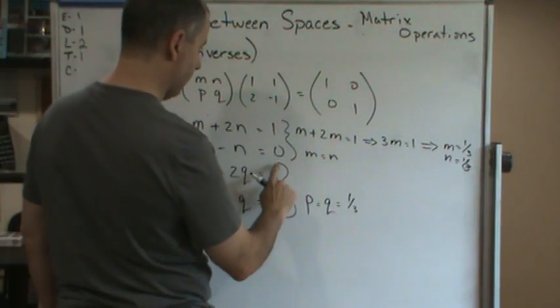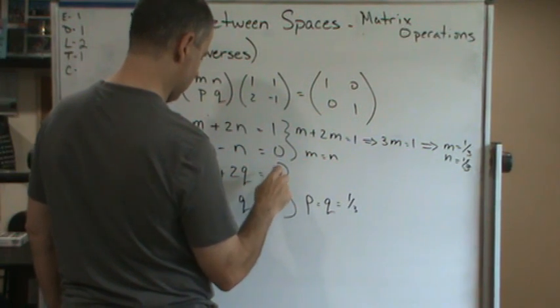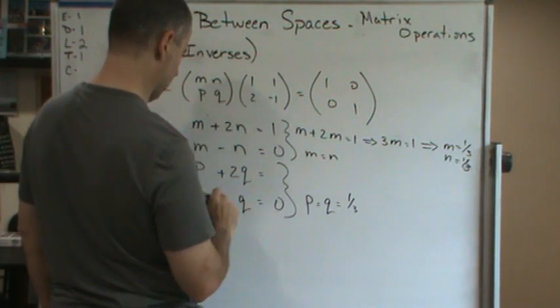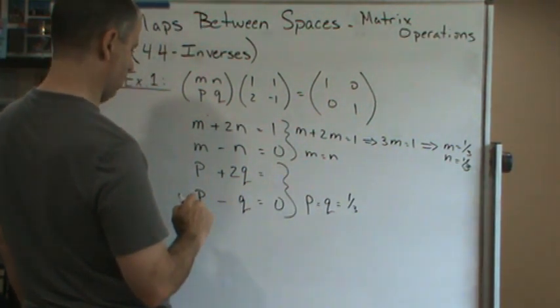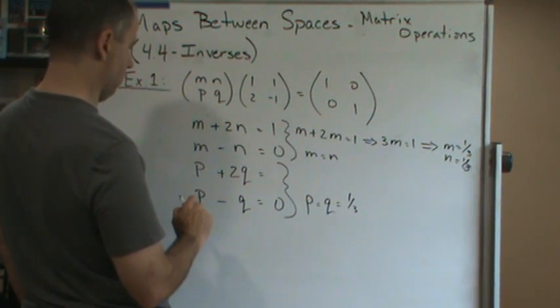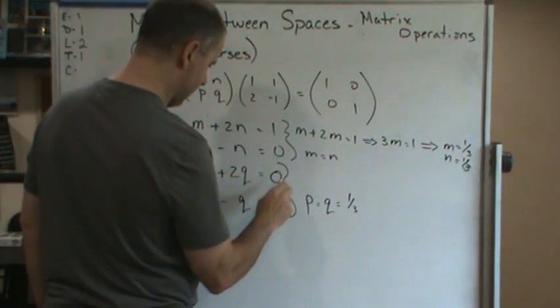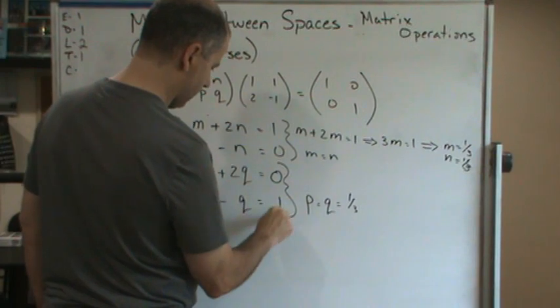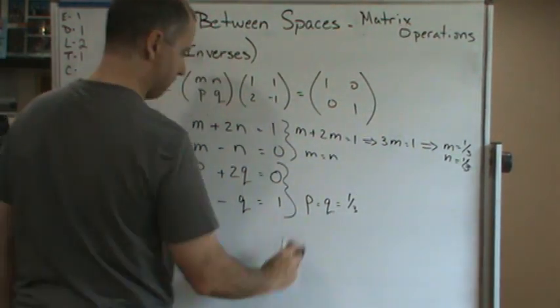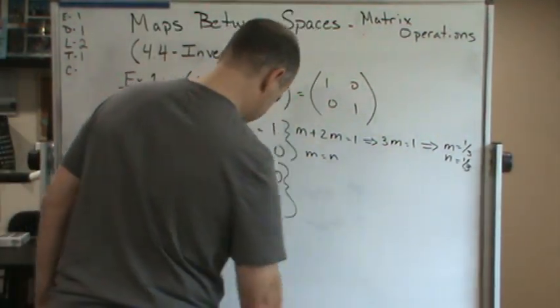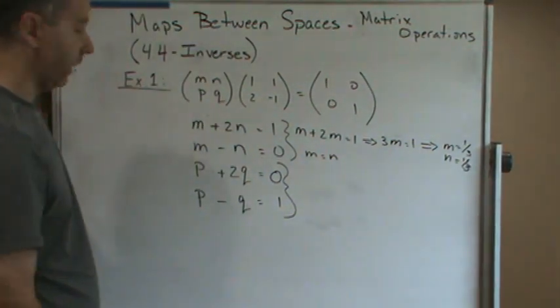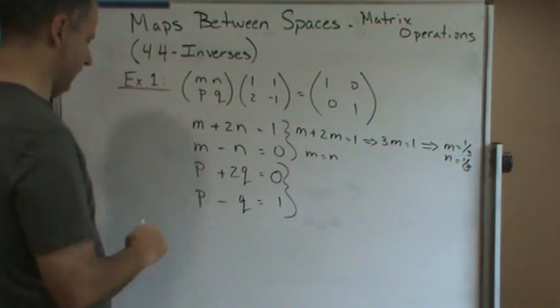Oh, yes I did. This is equal to 0. Yeah, I messed up, sorry. This is equal to 0. This is equal to 1. So no, they're not going to be the same. Oops. Make sure you check your work.